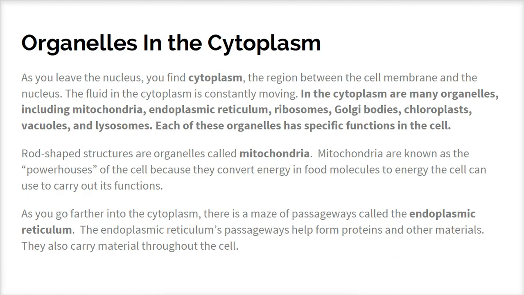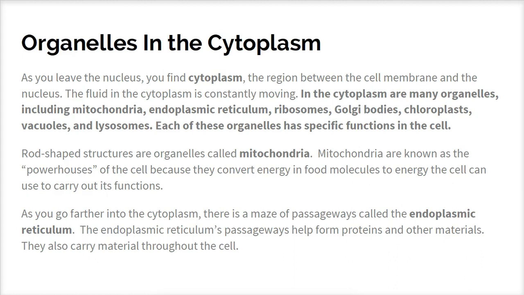Each of these organelles has specific functions in the cell. Rod-shaped structures are organelles called mitochondria. Mitochondria are known as the powerhouses of the cell because they convert energy in food molecules to energy the cell can use to carry out its functions.